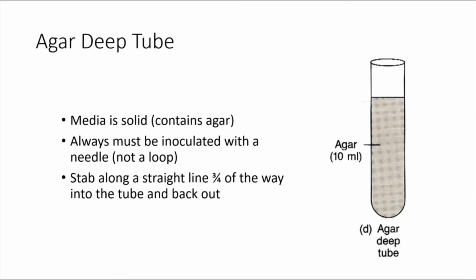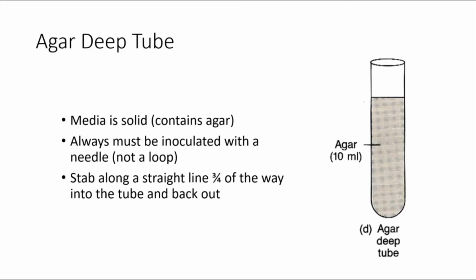The Agar deep tube, on the other hand, contains the same nutrient broth that is found in a regular broth tube, but it has been supplemented with a compound, agar, that causes it to become solid. Agar is much like gelatin in that when it is added to a liquid substance and then heated up, upon cooling, it will cause that liquid to become solid.